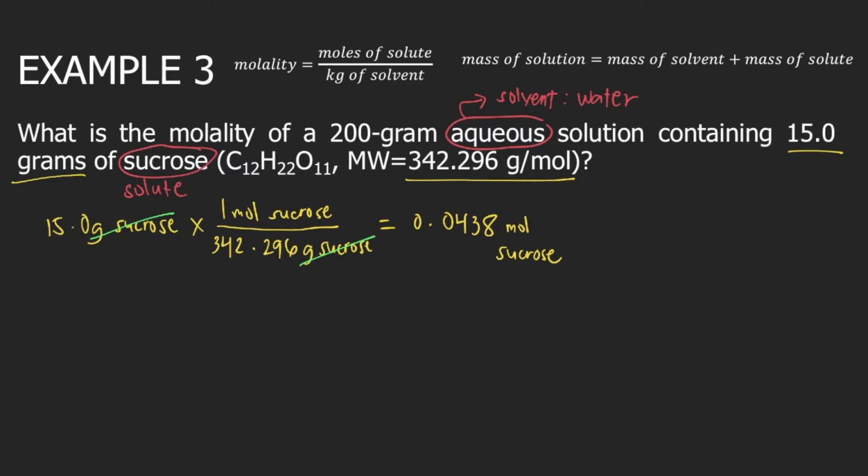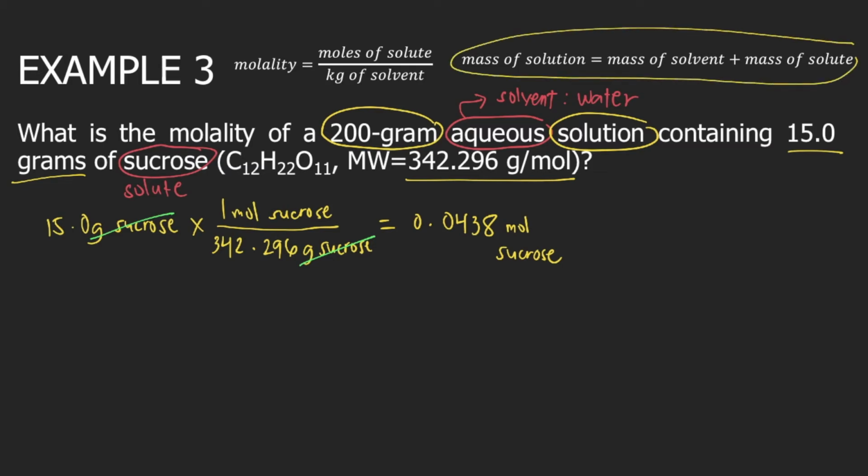If you read the problem, it gives us the mass of solution, 200 grams of solution. And according to the formula for molality, we need kilograms of solvent. So we need to find first the mass of solvent using this formula. So mass of solution is 200 grams equal to mass of solvent plus mass of solute, which is 15 grams of sucrose.